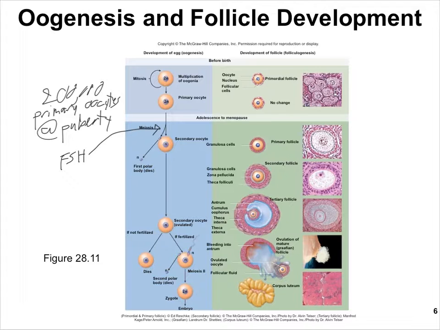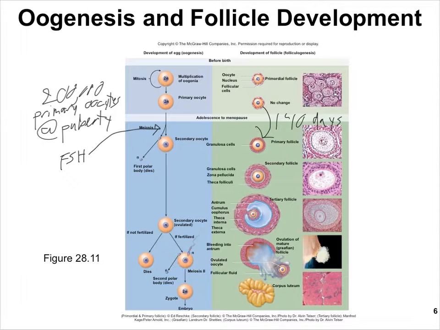It's surrounded by granulosa cells, and they begin to proliferate. This process of going from a primordial follicle to a primary follicle takes about 140 days.